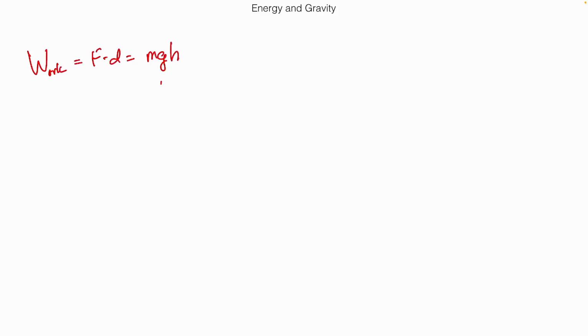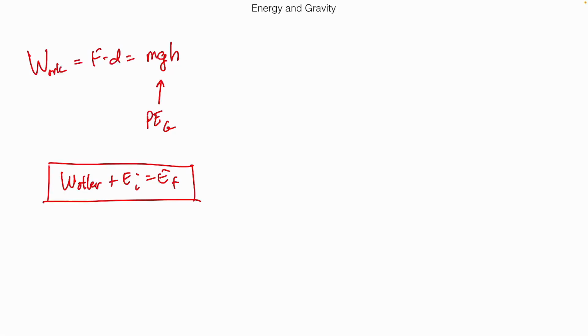So we just called that work, and we said, you know what, we're just going to call this potential energy. And then we ran with it, right? We had all of our work others plus energy initial equals energy final. All of that, so this master equation still holds, no problem, okay? What's the problem?